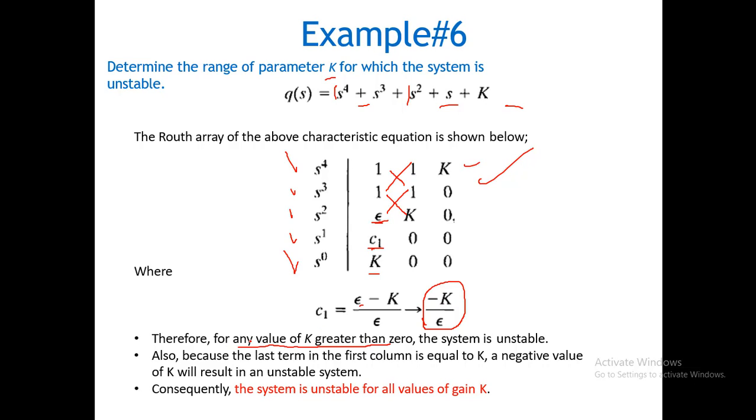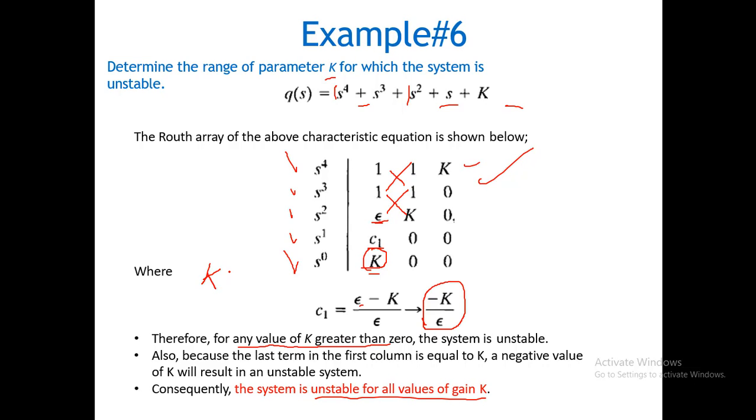Also you see that the last term in the first column is basically k. So a negative value will result directly if k is negative, so the system will become unstable. So the system is unstable for all the values of k.